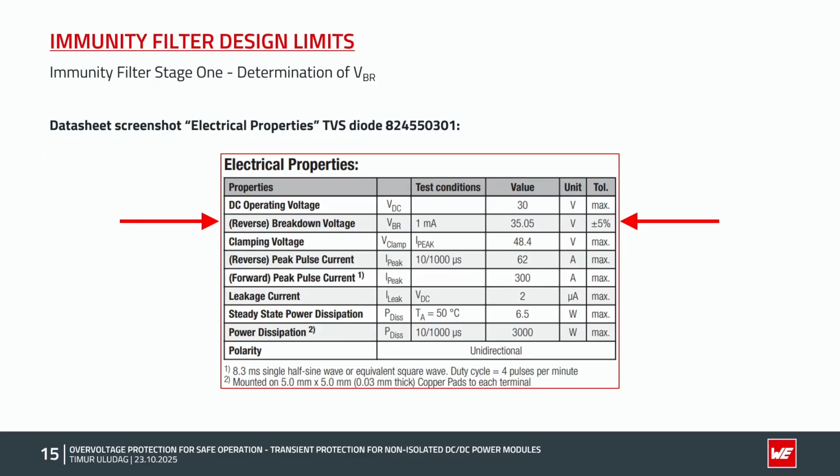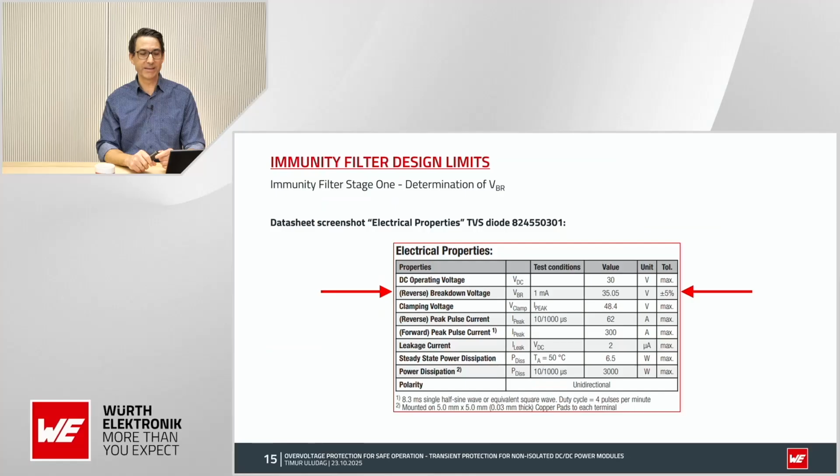Where can I find the breakdown voltage? First, the breakdown voltage is defined where 1 milliamp of current is flowing through the TVS diode. This value here is 35.5 volts. It is not a really fixed value. As you can see here, you have tolerances of plus minus 5%.